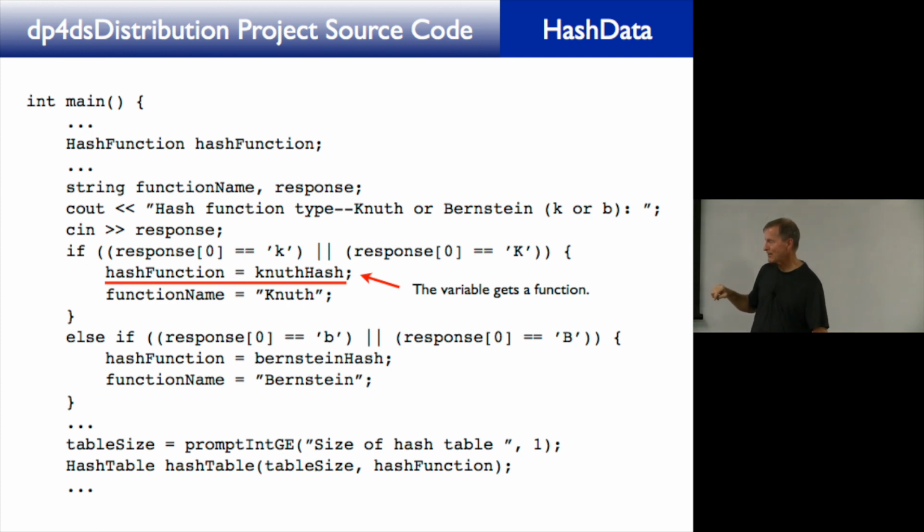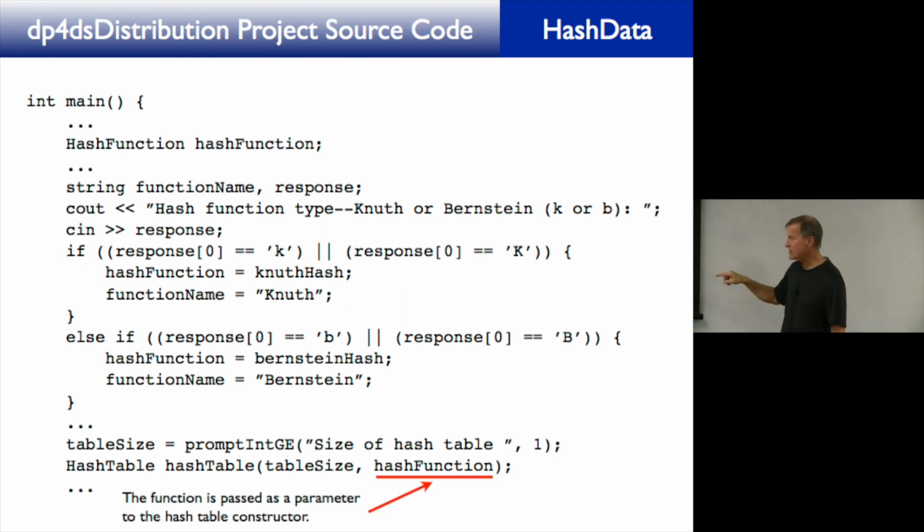Are you with me? The variable gets the function. And furthermore, down here, when we go to set up our hash table, this is the constructor for the hash table. What does the constructor take? It takes the table size and the function to use. Are you with me? This is so excellent.